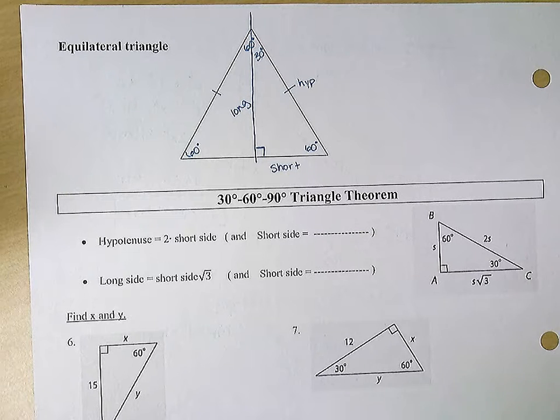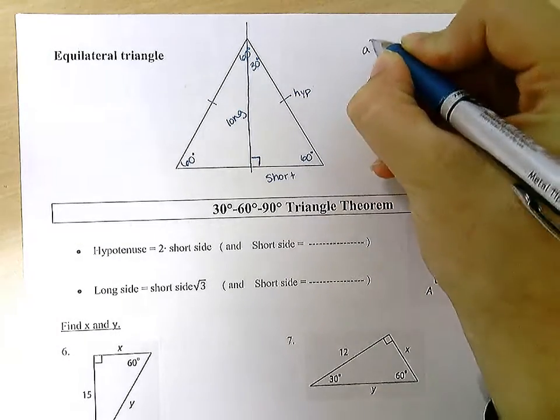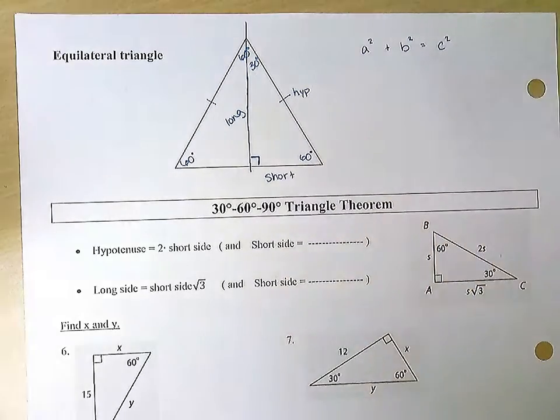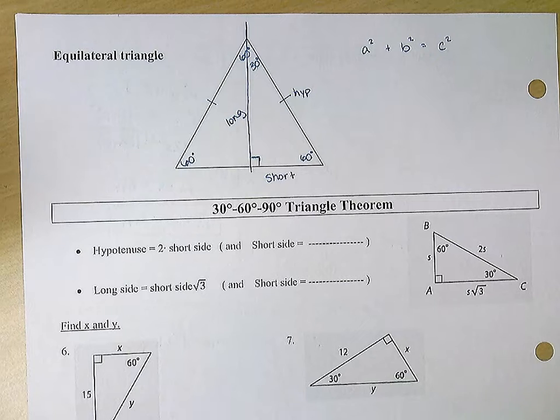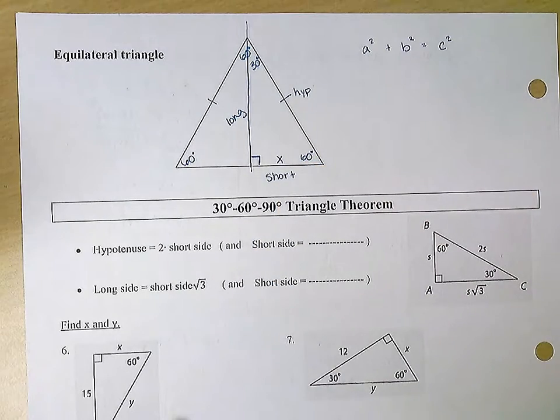Again, we're going to use the Pythagorean theorem to find a rule for this, using a squared plus b squared equals c squared. Now, I'm going to label my short side as x, just like we did before.